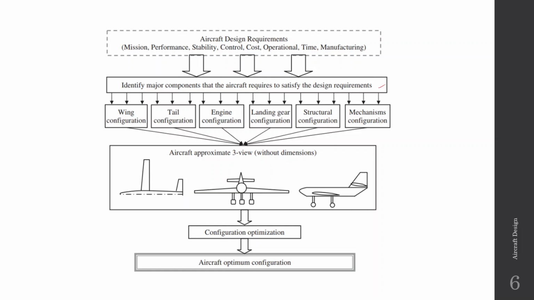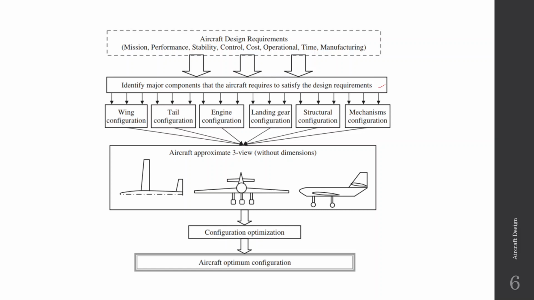Like, if we want it to go faster, then the engine size will also increase. So we cannot keep both a smaller engine and a higher velocity. All these trade-offs happen in the aircraft design process.